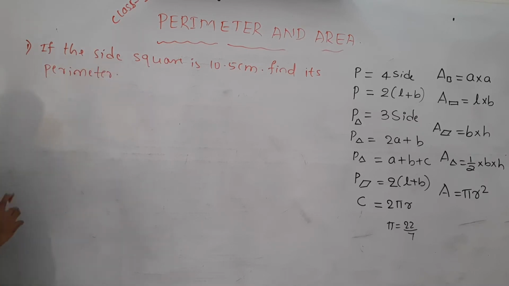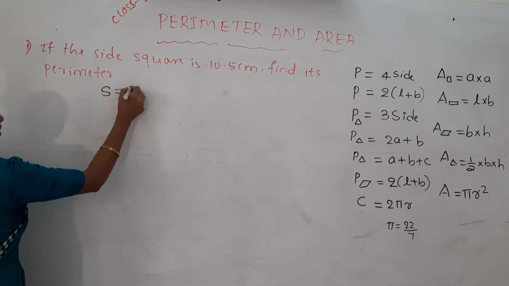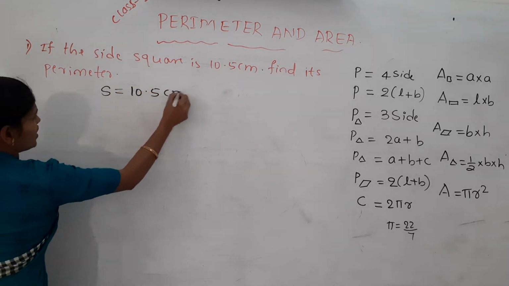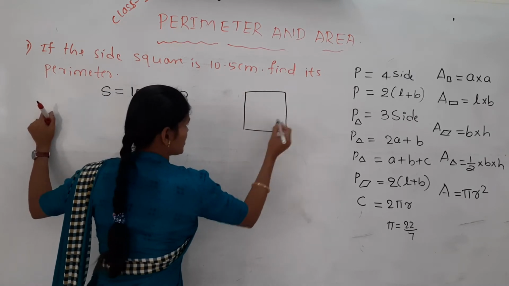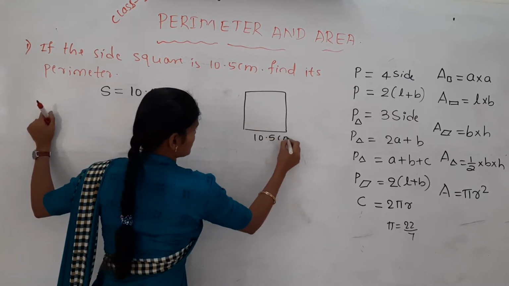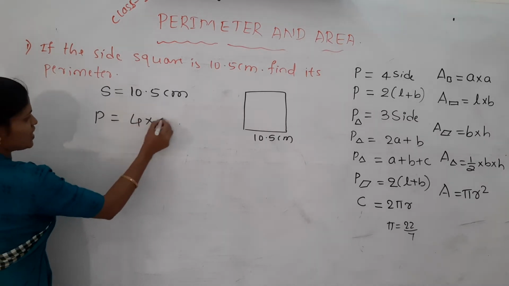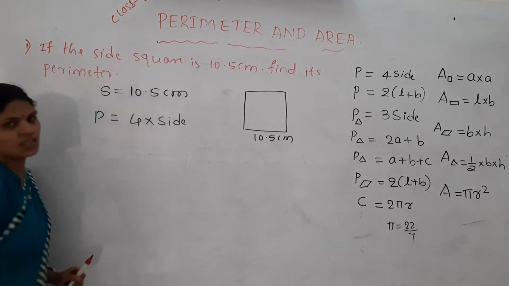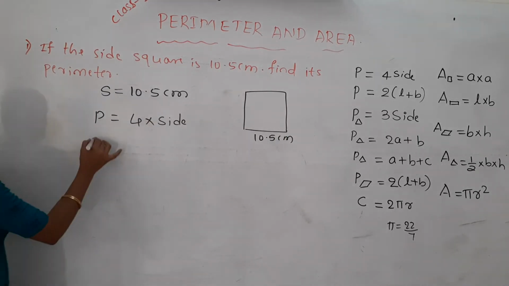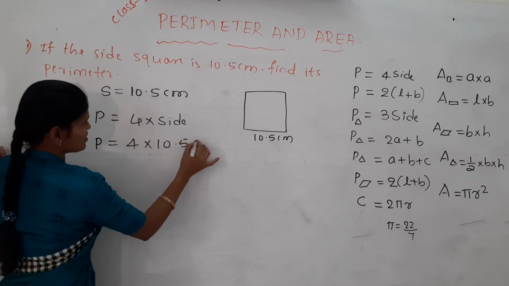Here you know the side of the square, 10.5 centimeter. If it is a square, how many sides are there? There are 4 sides, all equal to 10.5 centimeter. What is the perimeter of the square? 4 into side. Why? We have to add all these 4 sides to get the perimeter. So perimeter equal to 4 into side, that is 10.5 centimeter.